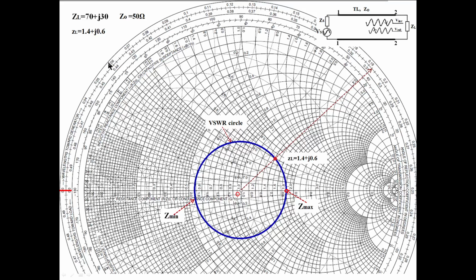Similarly, if you travel a distance of 10 divisions, from anywhere, 10 divisions means 0.1 lambda. Starting from here, as you move, you can see the value here is 0.25.